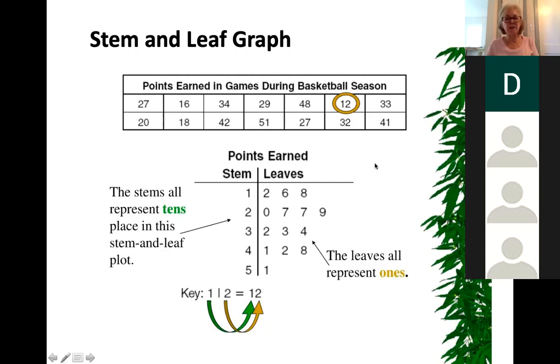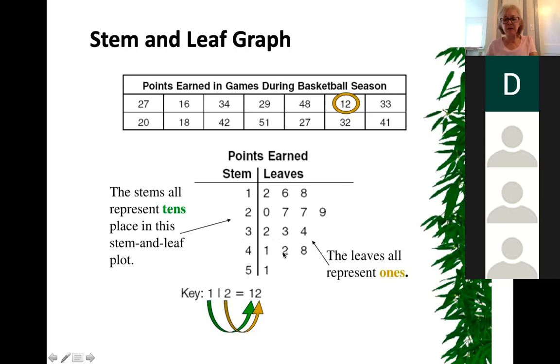I think the smallest data value was 12 points. What I do is I put the 1 on the stem and the 2 on the leaf. Tens on the stem, units on the leaf. This would be read 20. This would be read 33. This would be read 51.